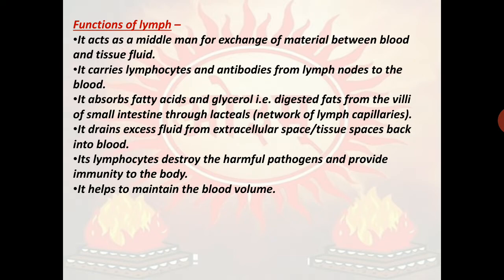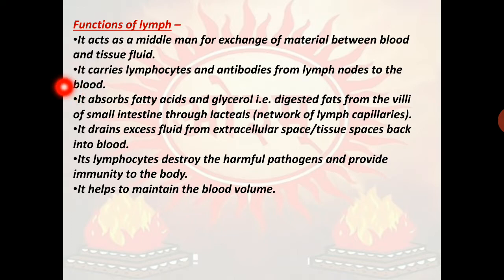Let us see about the various functions of lymph. It acts as a middleman for the exchange of materials between blood and tissue fluid. You have seen with the help of the diagram the exchange of materials between blood and tissue fluid. It carries lymphocytes and antibodies from lymph nodes to blood.